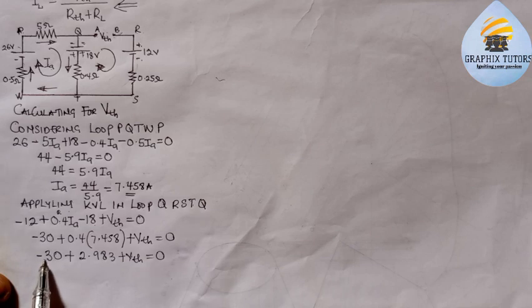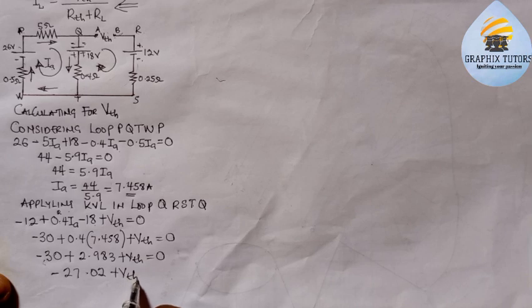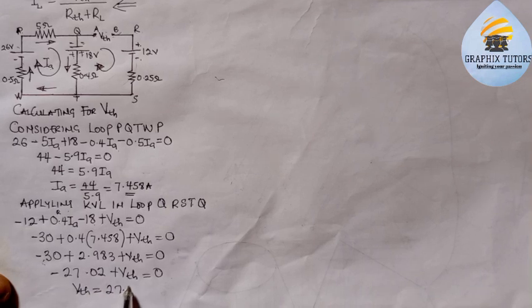Now negative 30 plus this is going to give us minus 27.02, plus VTH equals 0. So the VTH here will now be equal to 27.02 volts.